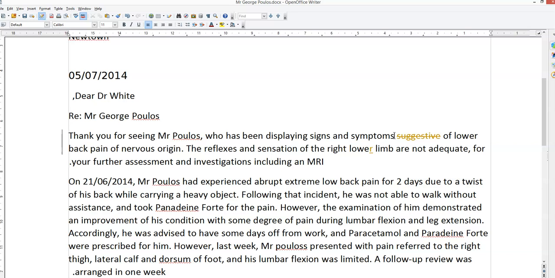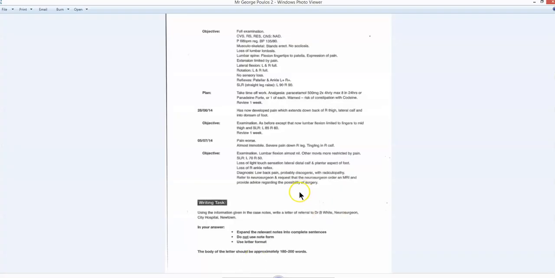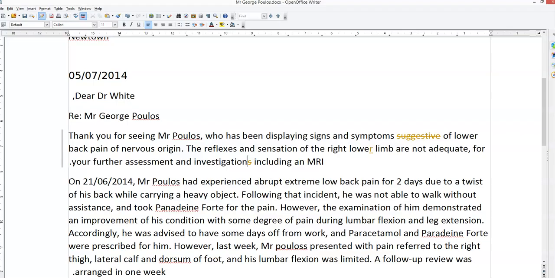So we don't really need this for your further assessment and investigations, including an MRI. So let's go back to the task again. Right, so you want an MRI and advice regarding the possibility of surgery. So that's what you need to include.